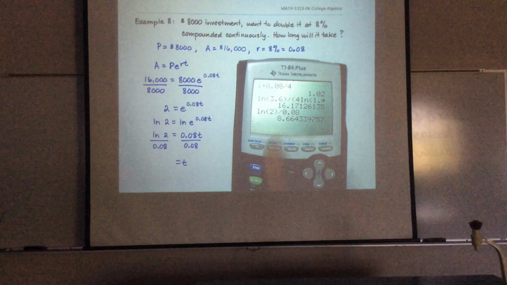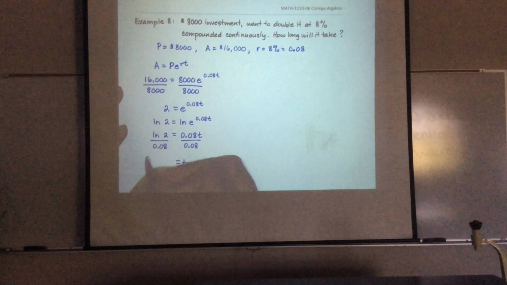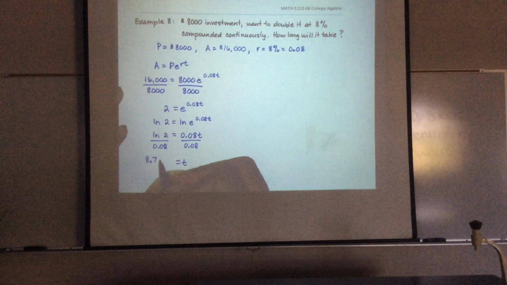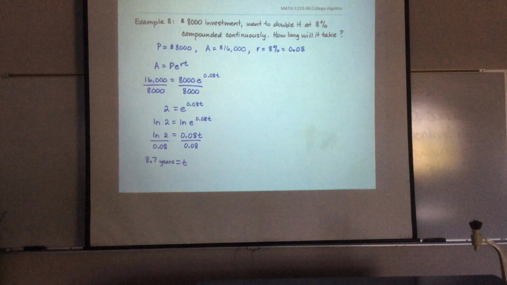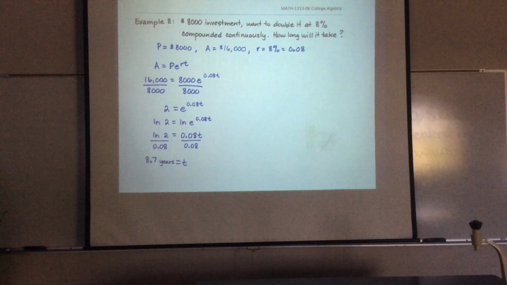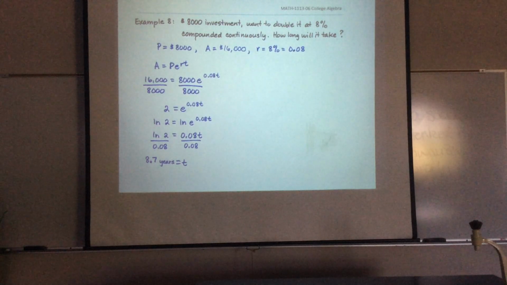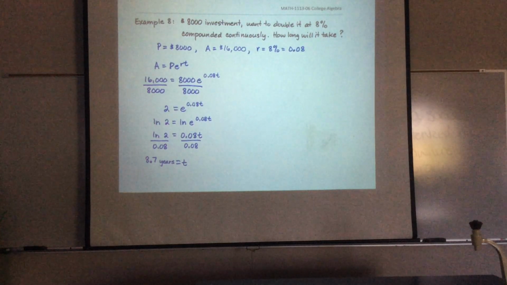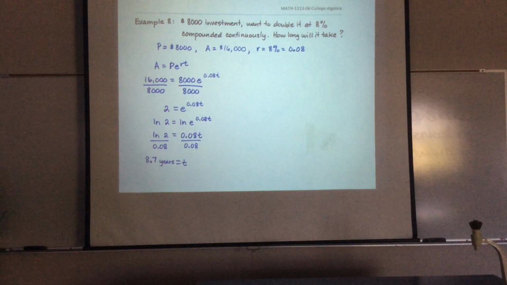It will be approximately 8.7. And this will be in years. So it's going to take approximately 8.7 years for an $8,000 investment to double to $16,000 at 8% compounded continuously.